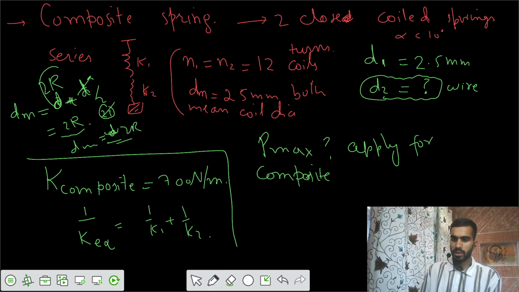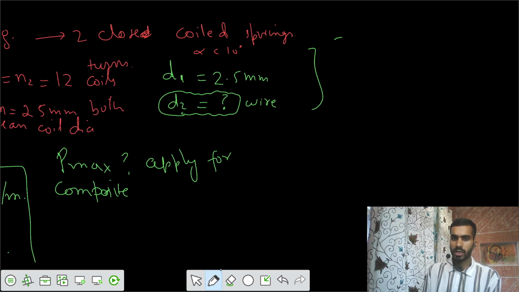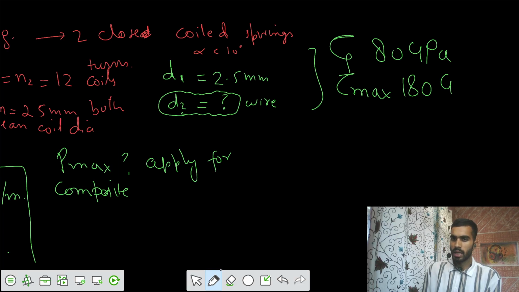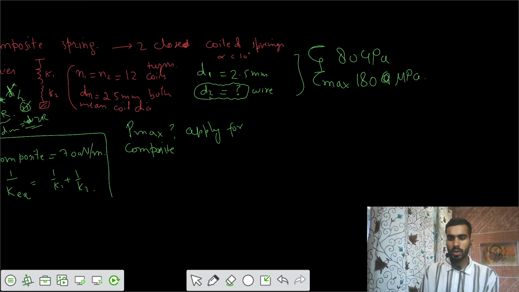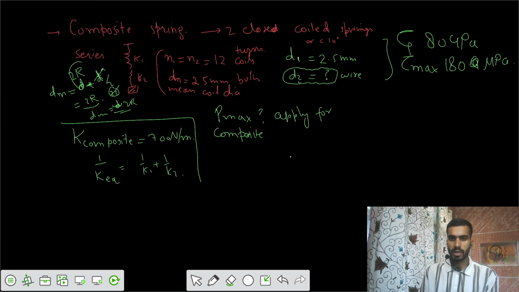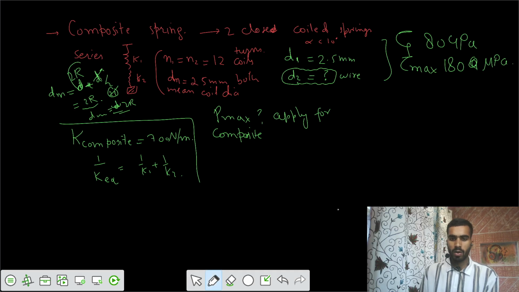It's also mentioned that the materials have the same G, 80 gigapascal, and the same tau max, 180 megapascal. So what can we get from this data? We have n given, d given for the first spring, K given for the equivalent, G given, and tau given.